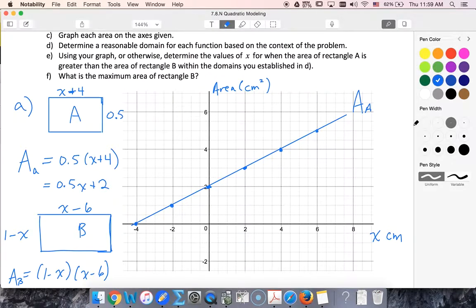For B, I've got my quadratic, so I've got an x-intercept of 1, an x-intercept of 6. I can see that halfway between those is going to be 3.5. That's my axis of symmetry. So if I want to find that y-coordinate, my y-coordinate is going to be 1 minus 3.5 times 3.5 minus 6.